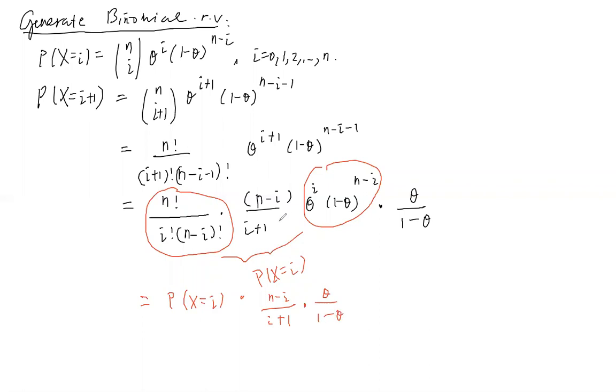Okay? So usually we may actually express this as a constant C, right? No, I mean just this part, right? C. Okay, so you have this recurrence relation.